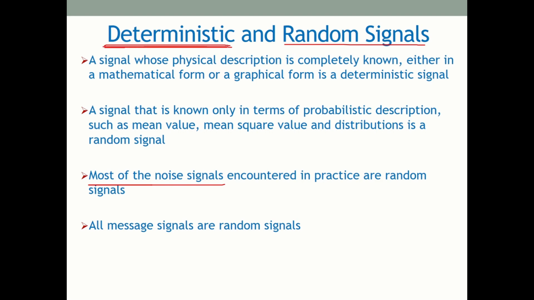But in order to do that, we have to define an equation, an expression that the system follows to generate the noise. So in that case, the noise is deterministic, or in other words, it can be called pseudo-random. It cannot be completely random like the natural noise signals we have.